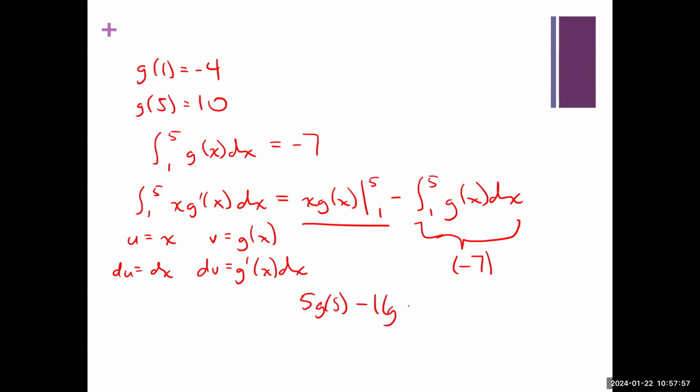That's basically it, yeah. This is very strange because you're so used to doing integration knowing what the function is. I'm not telling you how it's defined. But even though you don't know how it's defined, you can still set up integration by parts. But I think the most mysterious part is trying to figure out how to evaluate x g of x at 1 and 5.